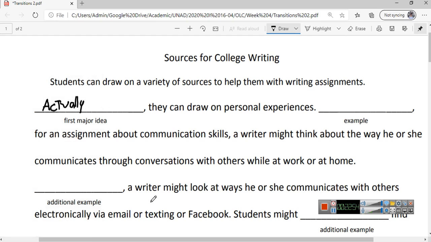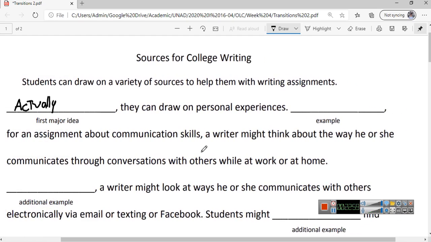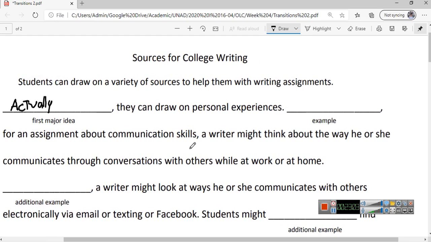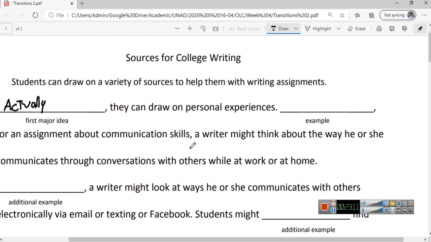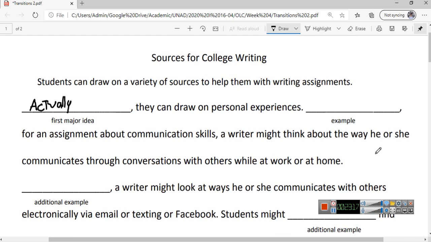Let me go back. They can draw on experiences. Example, for an assignment about communication skills, a writer might think about the way he or she communicates through conversations with others while at work or at home. So I need to use a transitional phrase that talks about an example. I don't know, teacher.